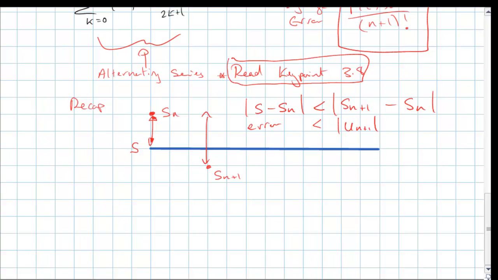Now we can use this fact by saying that by truncating at the nth partial sum, the error that we get will be less than or equal to. So I'm actually going to write down that the error term that we get will be less than, not less than or equal to, actually just less than the magnitude of the n plus 1th term.